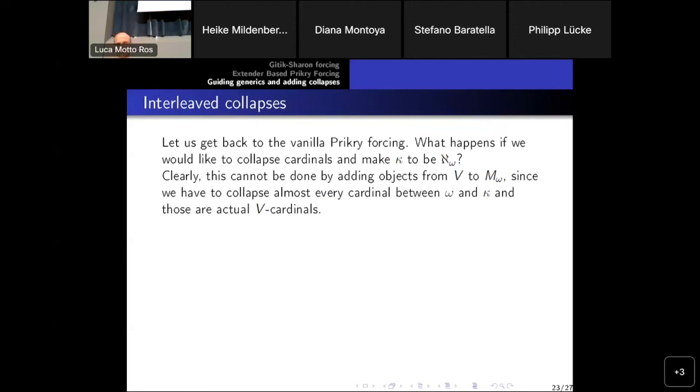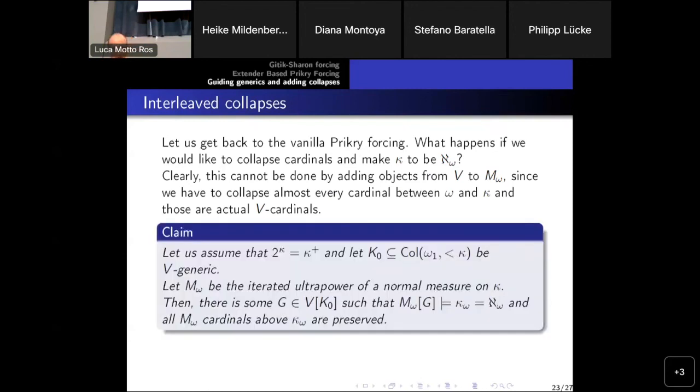There are many cardinals in between. We need to collapse them in order to make sense of it. So here's the cleaner version. Let's say that you give me a generic for the collapse between, let's say, omega 1 and kappa, collapsing all the cardinals in the interval, K0.